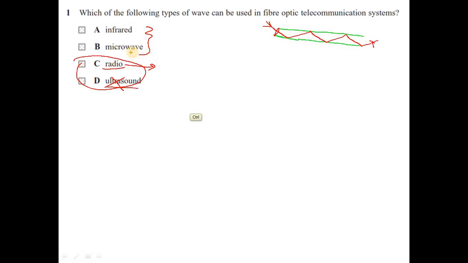The order of the wavelength of microwave is 10 raised to the power minus 2. That means in centimeter. Of course, the diameter cannot be in centimeter, it should be much smaller than the centimeter. And infrared has a very small wavelength compared to the microwave. That's why the option should be A.